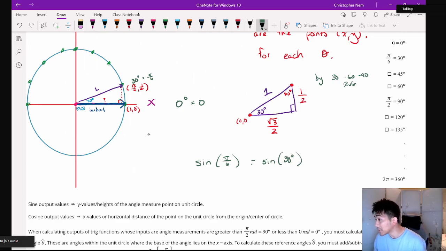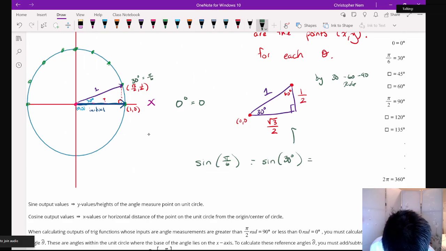Eventually, we will be accustomed to radians. But sine of 30 degrees. Well, sine is exactly opposite over hypotenuse of our angle measurement. So I'm going to look at this triangle, look at the 30 degree angle, and figure out where the opposite from 30 is.